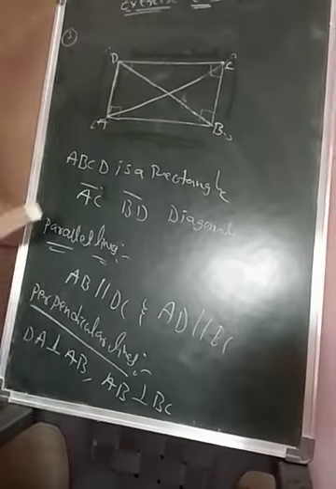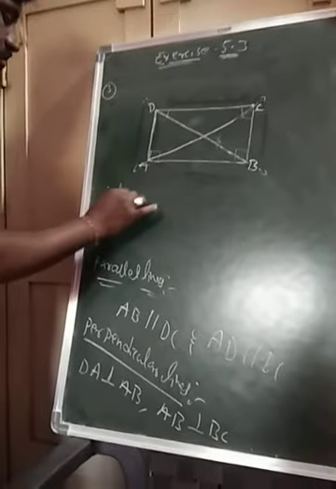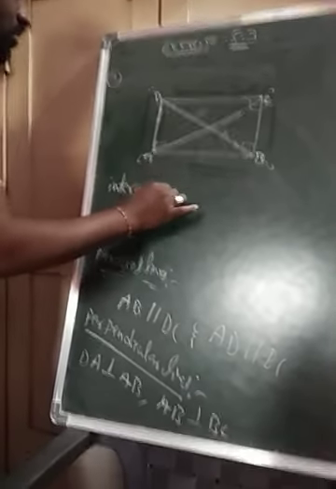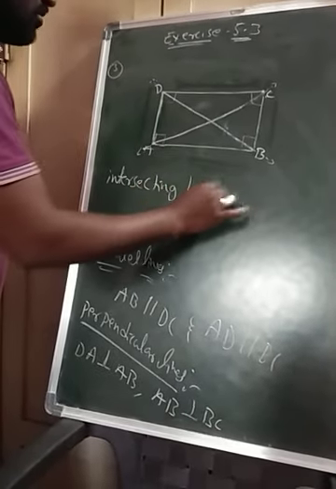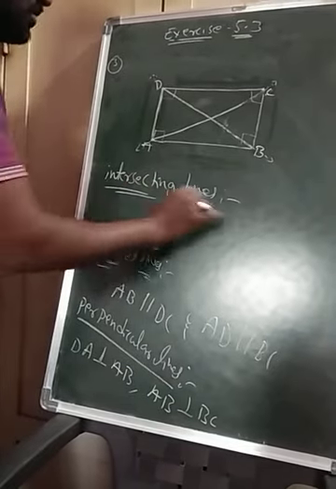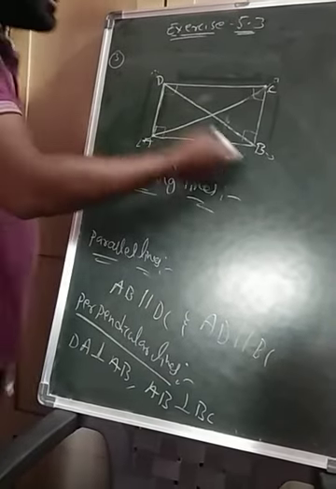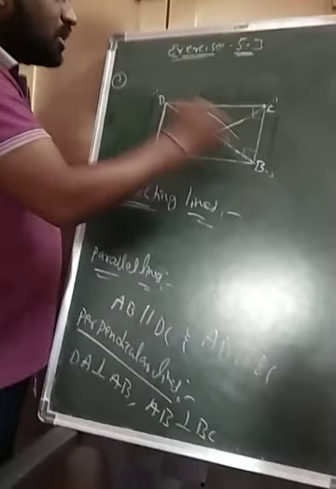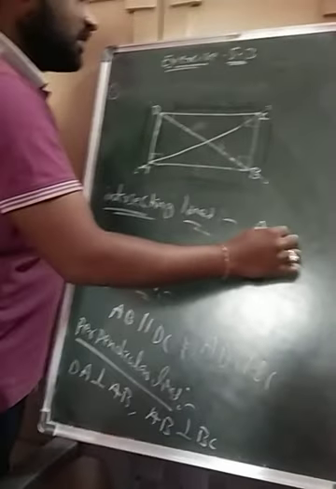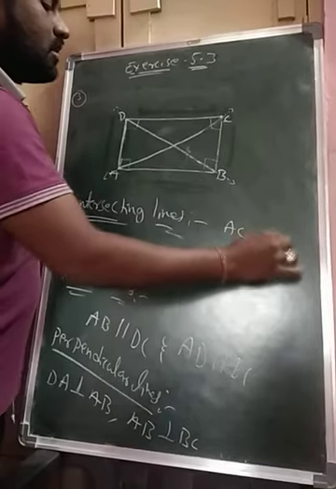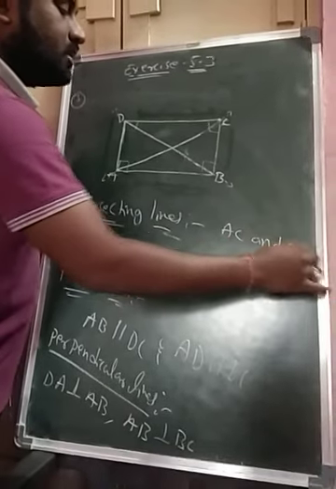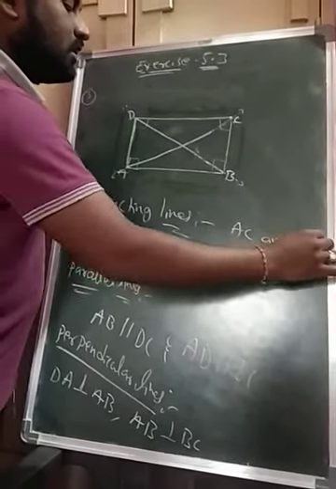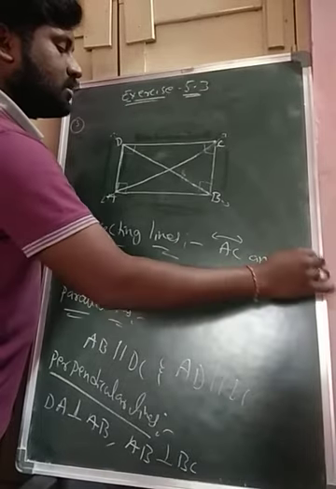Next, intersecting lines. Clearly the diagonals AC and BD, these two are intersecting lines.